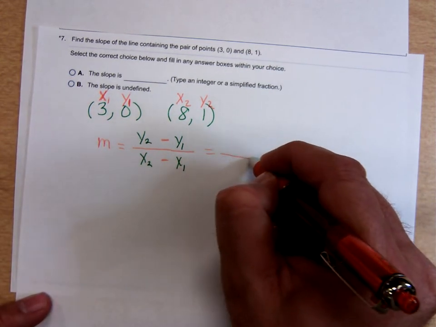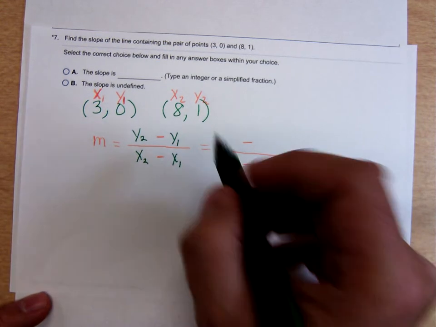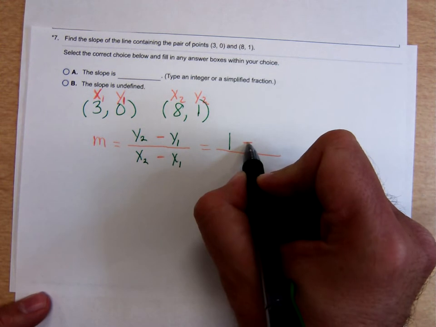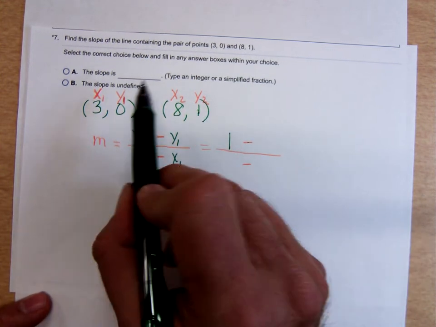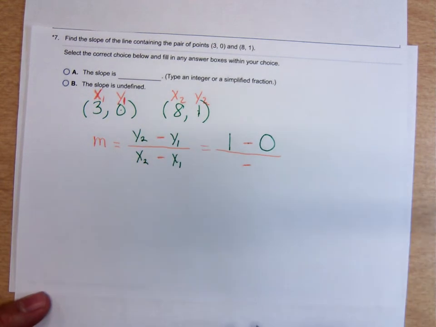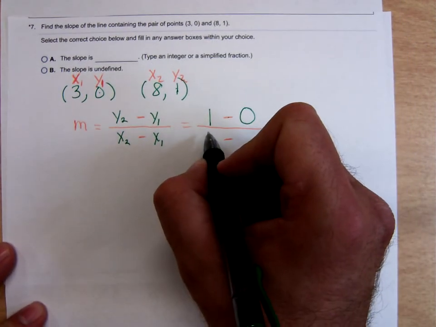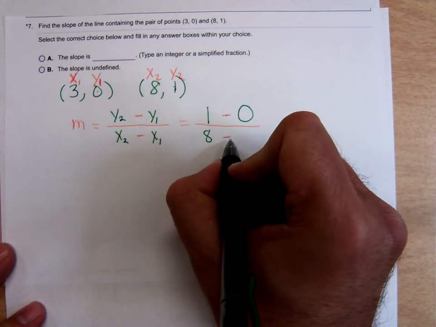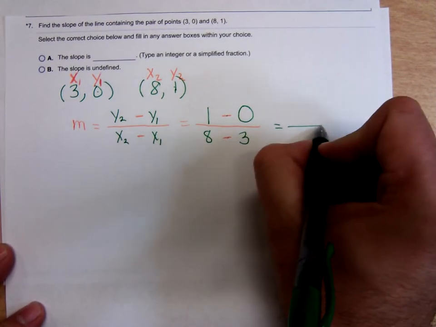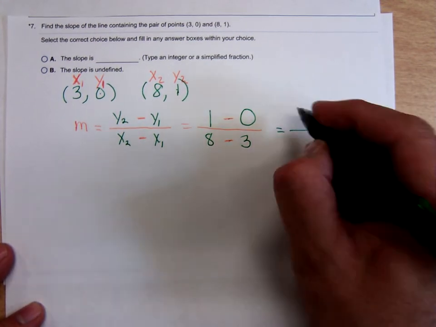Be careful. y2 is 1. y1 is 0. Over, what am I going to have on the bottom? Can y'all see that? 8 minus, from the formula, 3. I think this is just going to be a fraction, isn't it? What are we going to have? 1 over 5?